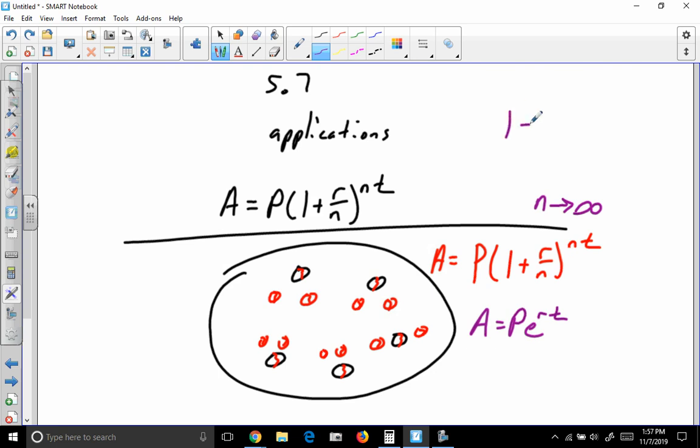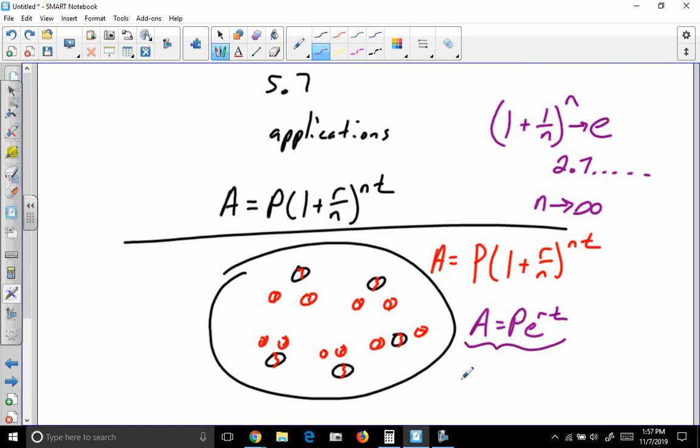If we look at just (1 plus 1 over N) to the N power, if we let N get larger and larger and larger, it turns out that that is approaching the number that we refer to as E, which is 2.7, and then several decimals, goes on forever actually, kind of like pi is a specific number that never terminates, never repeats.